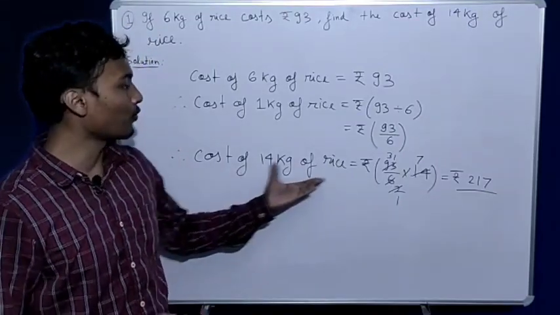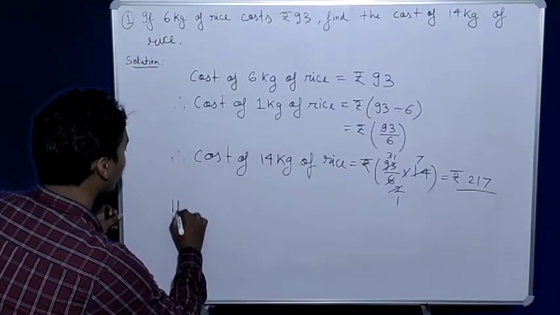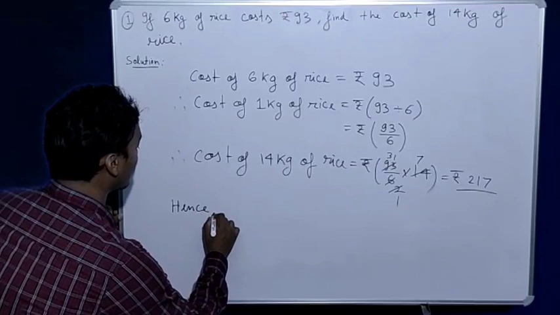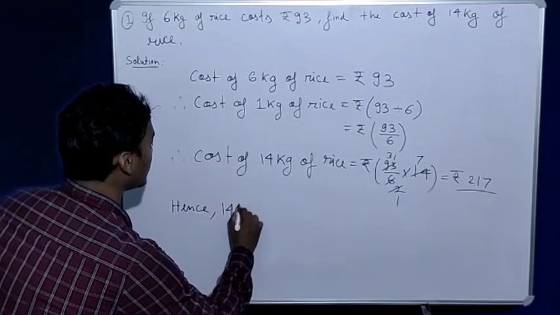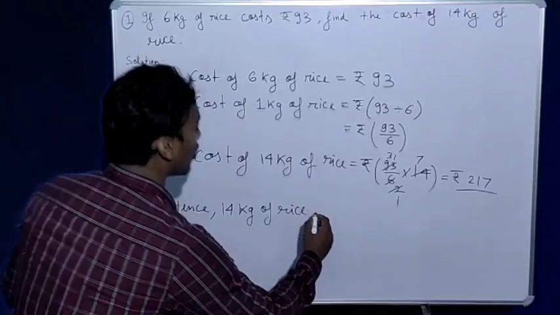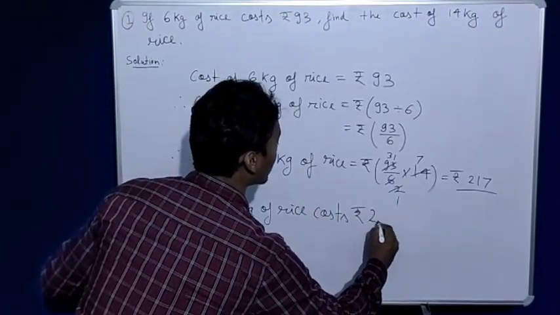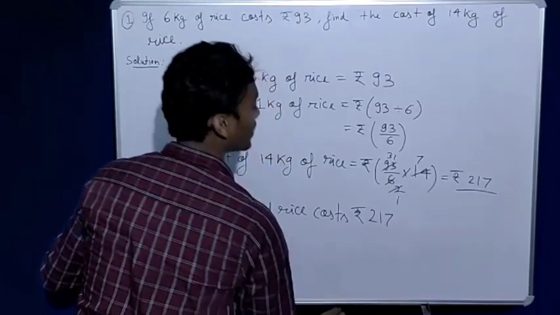So the cost of 14 kg of rice is 217. So finally we can say, hence 14 kg of rice costs rupees 217.